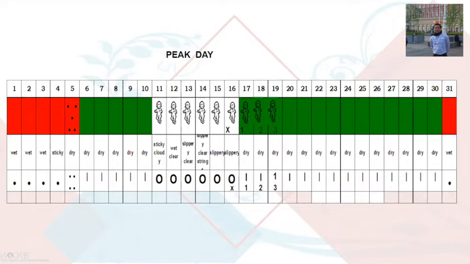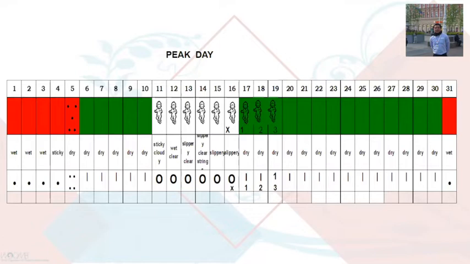And then on the 13th day, on the 14th, the 15th, the 16th, the mucus secretion or sensation is slippery. That is the meaning of a developing pattern. It starts with sticky, it becomes wet, and it ends with slippery. And where is the peak day? The peak day is on day 16. Why? Because on the next day, day 17, it is already dry. So absolutely 16 is the last day.